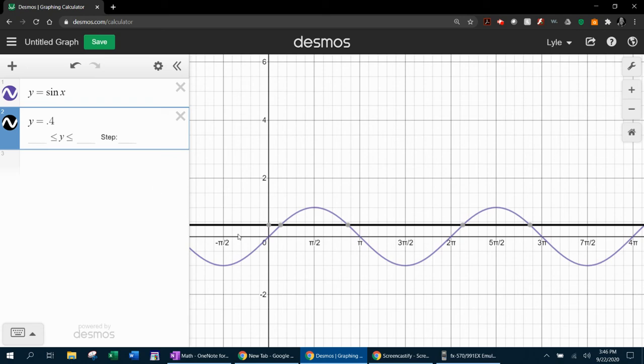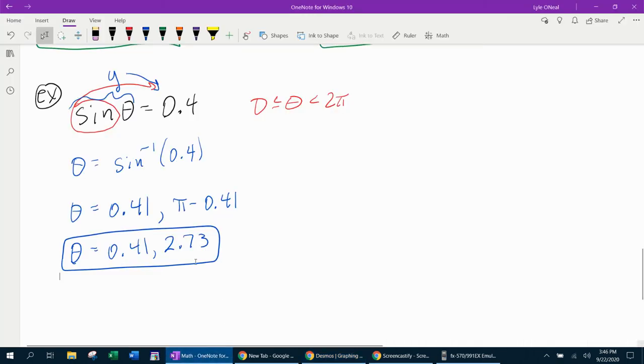And you're going to see from 0 to 2 pi that there are two solutions at 0.41 and at 2.73, which are the exact same solutions we just calculated. Okay, so DESMOS again is a great tool to help you verify those solutions.